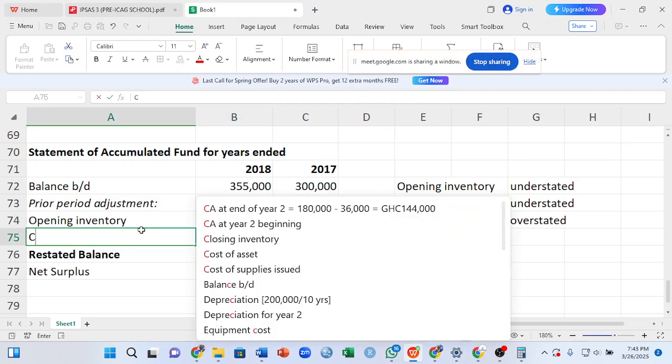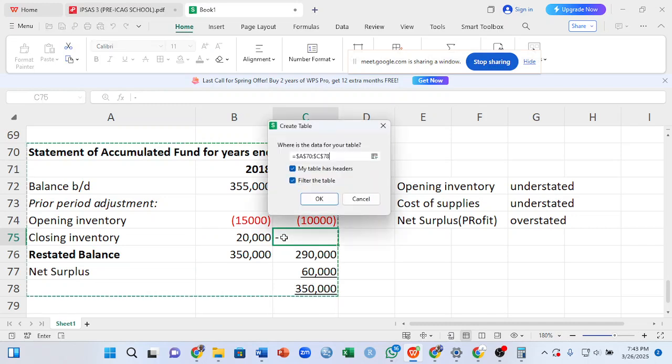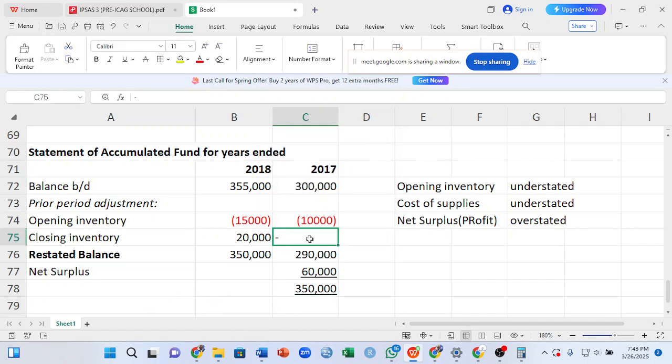Then we'll do that of the closing inventory. So the closing inventory was what? 20,000, right? Yes. And now we are going to add. Bear in mind that 2017's own was already recorded. That's why we didn't do that. We have done the wrong one, so we have to still bring the closing for this year. So when you subtract, you're supposed to get your 350 back.